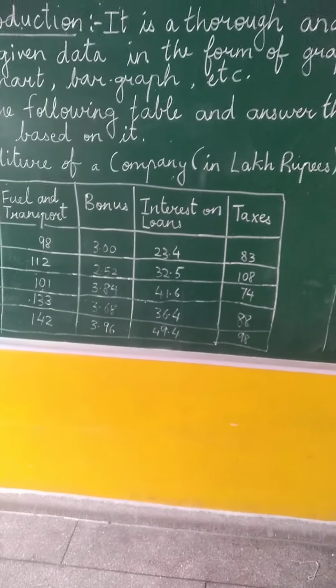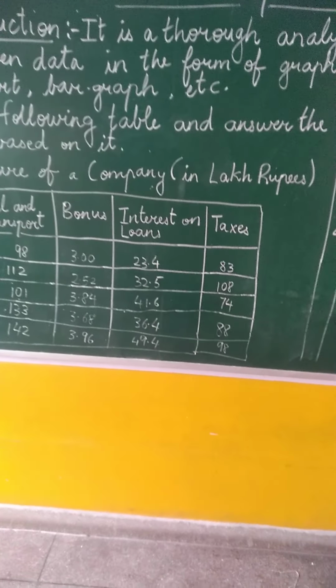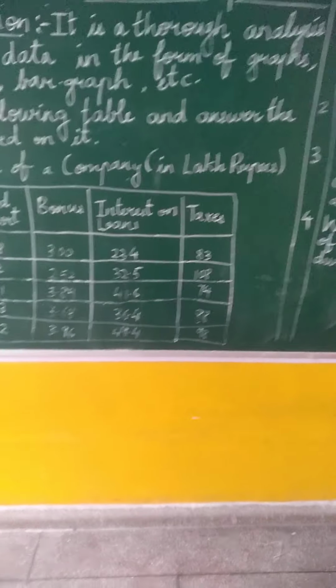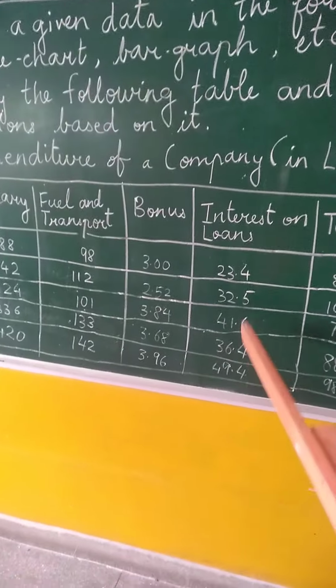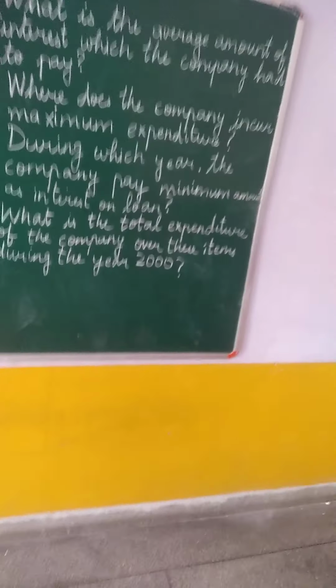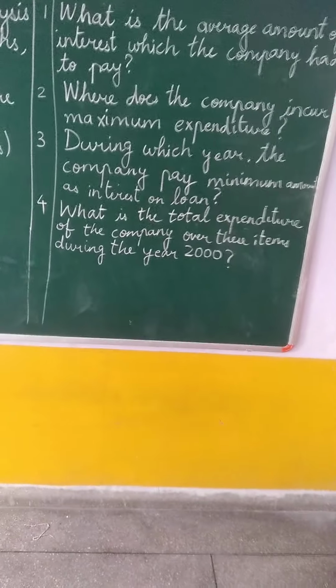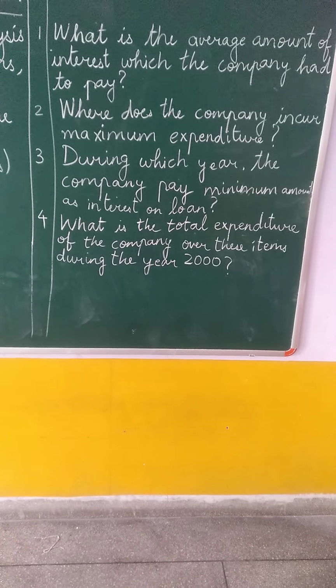So likewise, when is the minimum interest paid? You can have a look at the table and give the answer. Yes, it is paid in the year 1998. So you will write, during the year 1998, the company paid minimum amount as interest on loan.